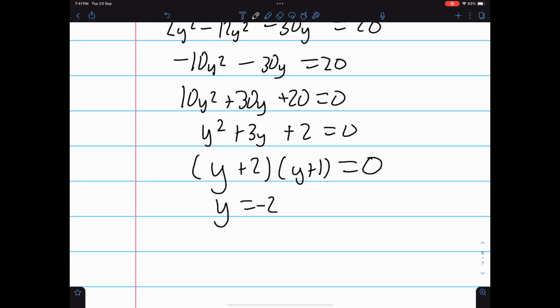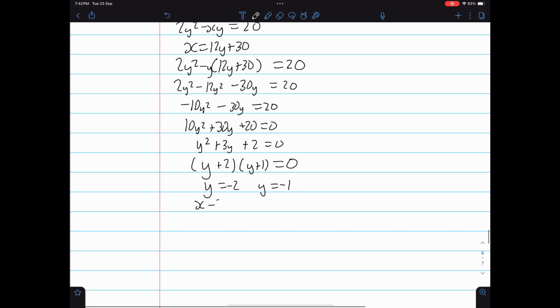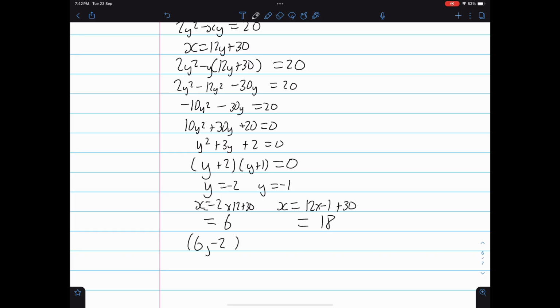And so y will either be equal to minus 2 or negative 1. And then x will just be 12 times minus 2 plus 30. So that's just 6, or 12 times minus 1 plus 30, which is equal to 18. So you've got (6, minus 2) and (18, minus 1).